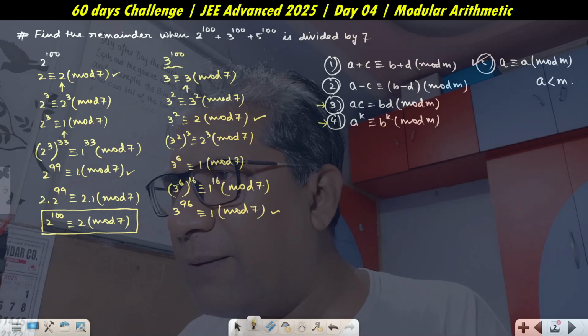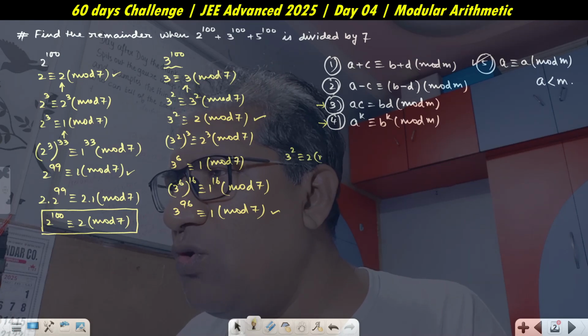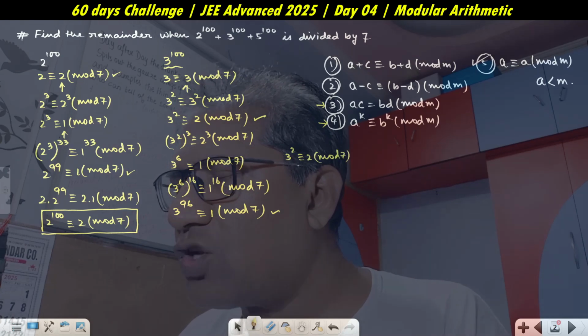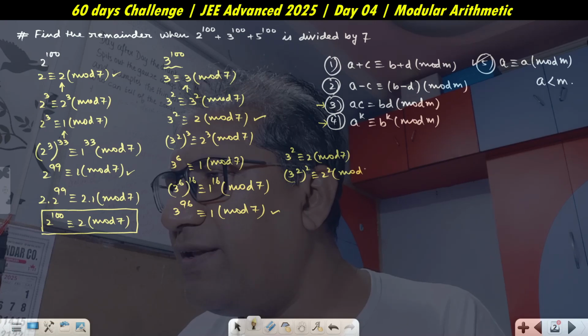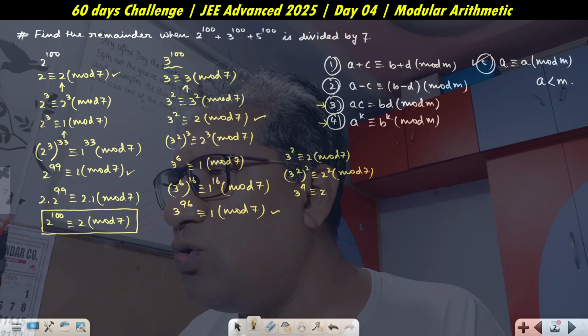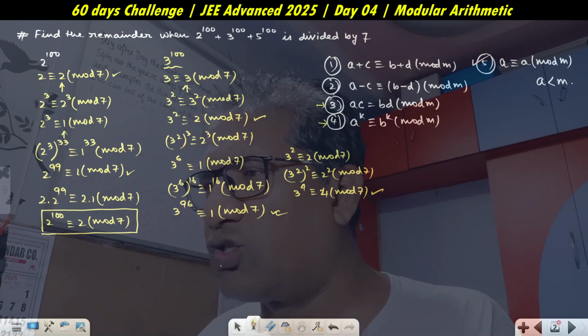So let me do one thing. We have 3 squared is 2 modulo 7. So let me raise its power to 2. So it will be 2 square modulo 7. So 3 to the power 4 is 2 square, that is 4 modulo 7, right? Now let me just multiply the corresponding sides of these two.